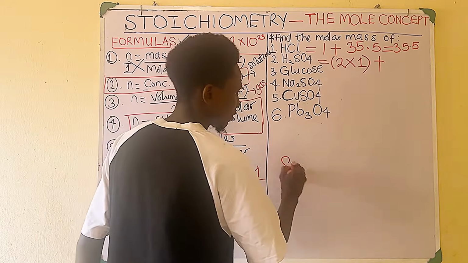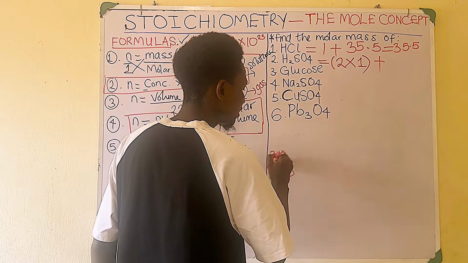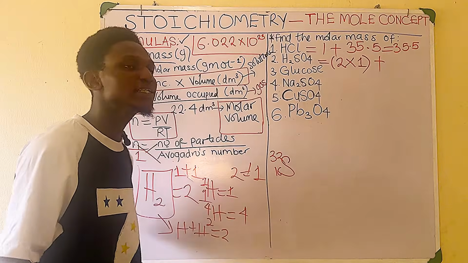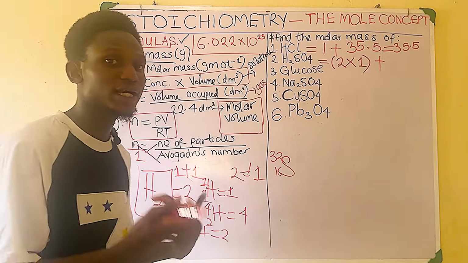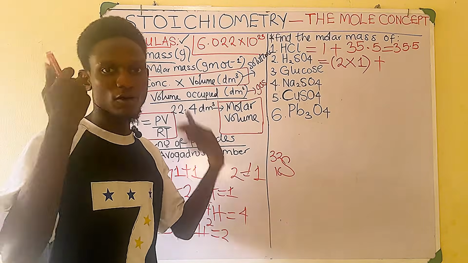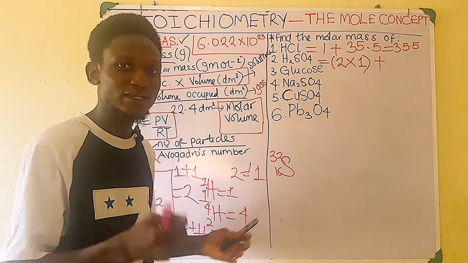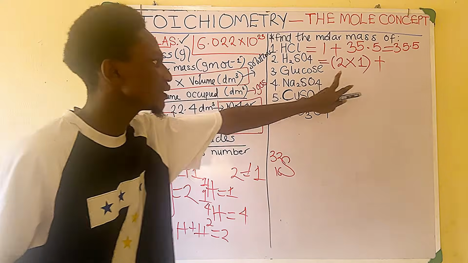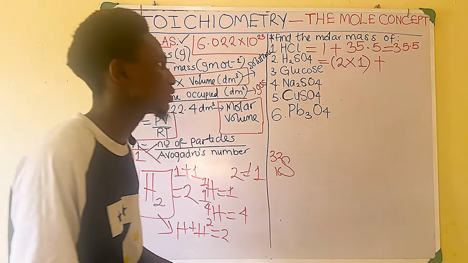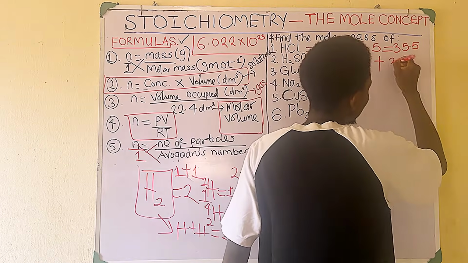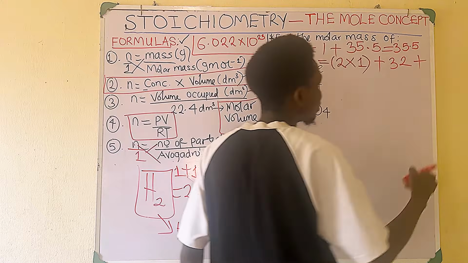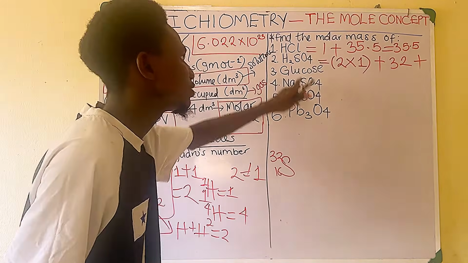Sulfur is 16. 16 times 2, 32. These are things you should just know and have at your fingertips. That's why I can say all these things often. I don't have to start racking my brain. I already know automatically that this guy is 16 times 2, which gives you 32. It means that sulfur is 32. Even though they didn't give me the option in the exam, I know that it's 32.